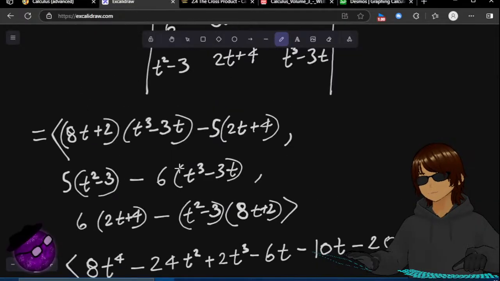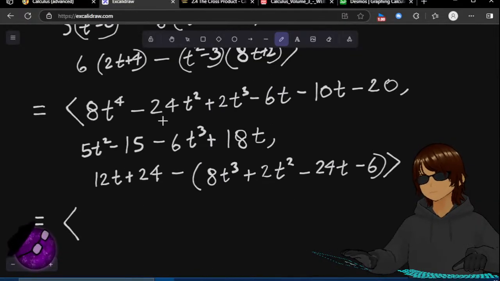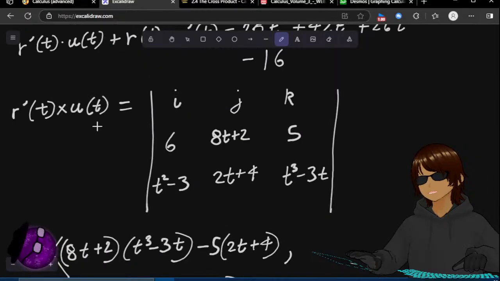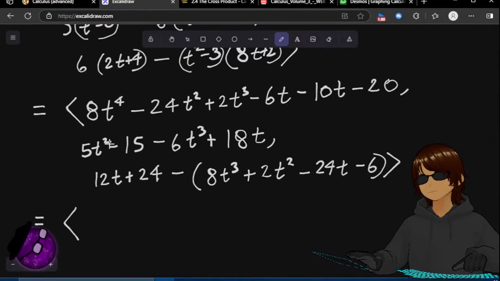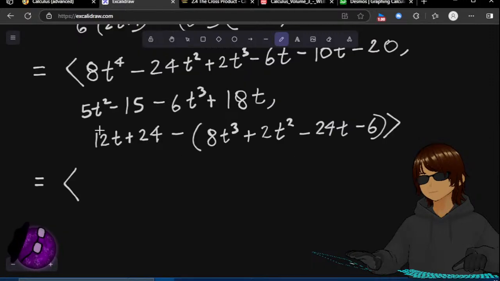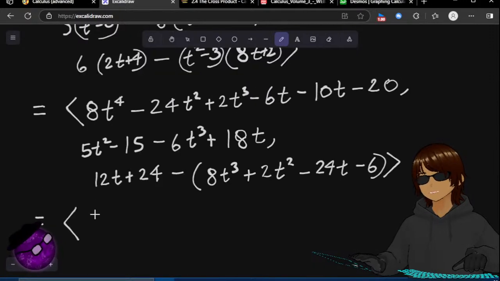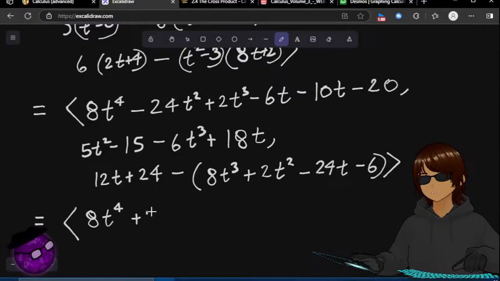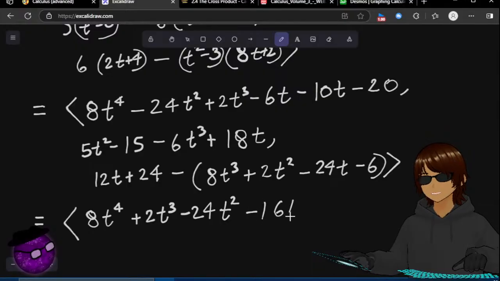Wait, so it would be this, which is one part, plus the other cross product. Let's just simplify this. So we have 84 plus 2t cubed minus 24t square minus 16t minus 20.